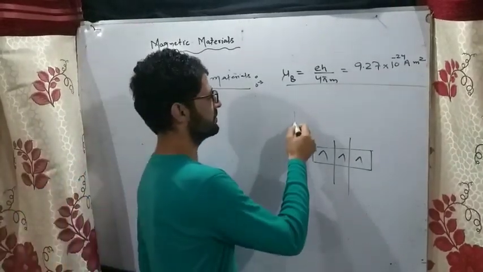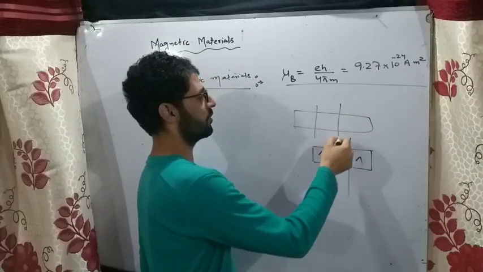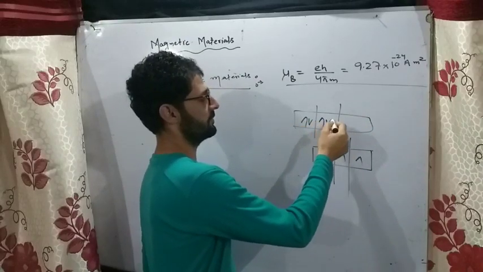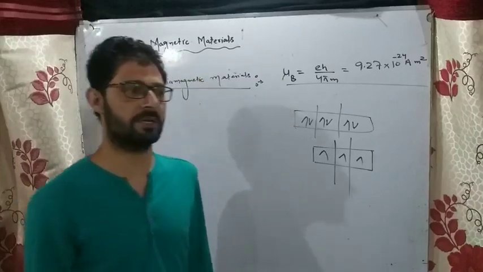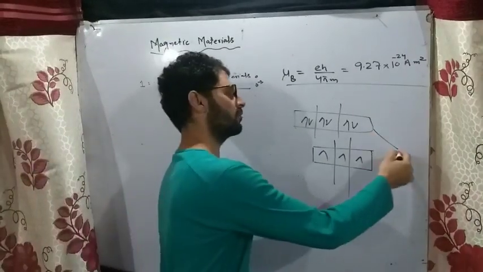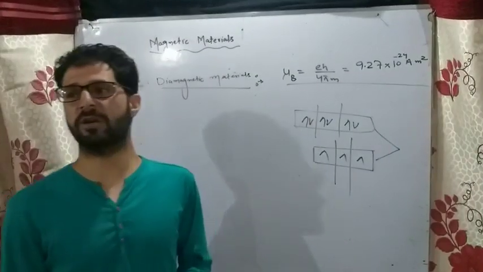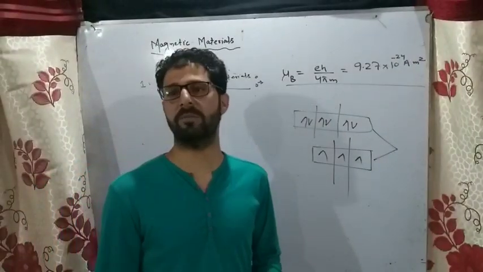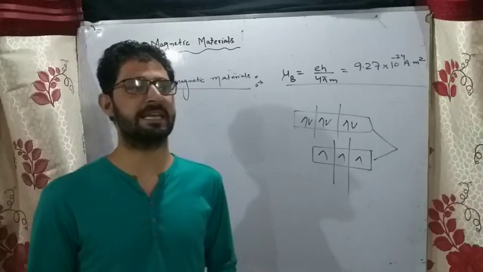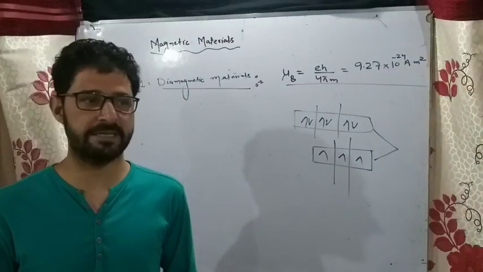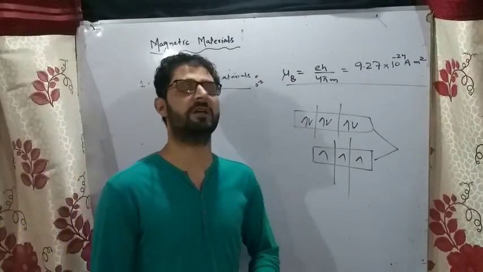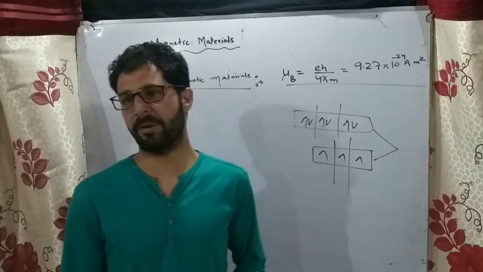A substance which has a paired electronic configuration will behave as a diamagnetic substance. If we are talking about a compound, if the compound has a paired electronic configuration in its molecular orbitals, then it will behave as diamagnetic. If it has unpaired electrons, it will behave as paramagnetic.